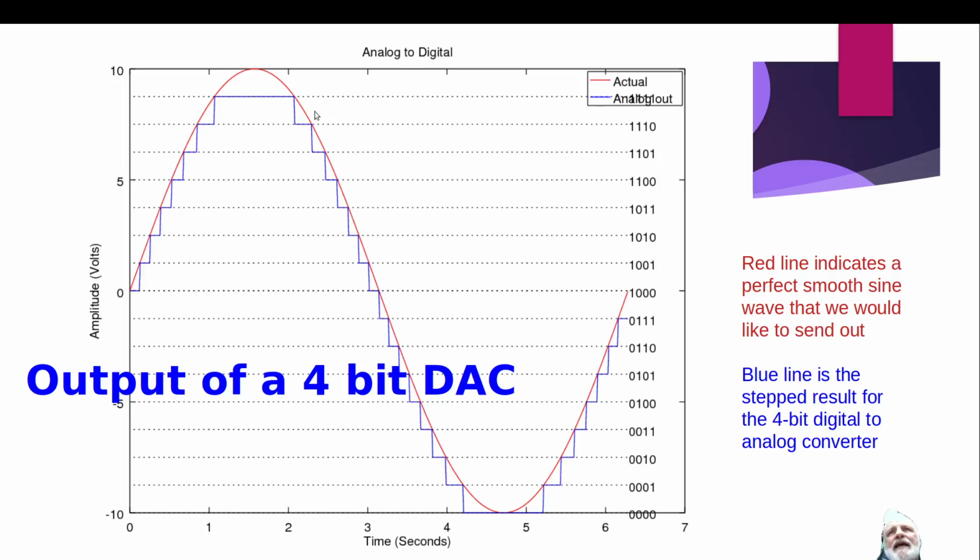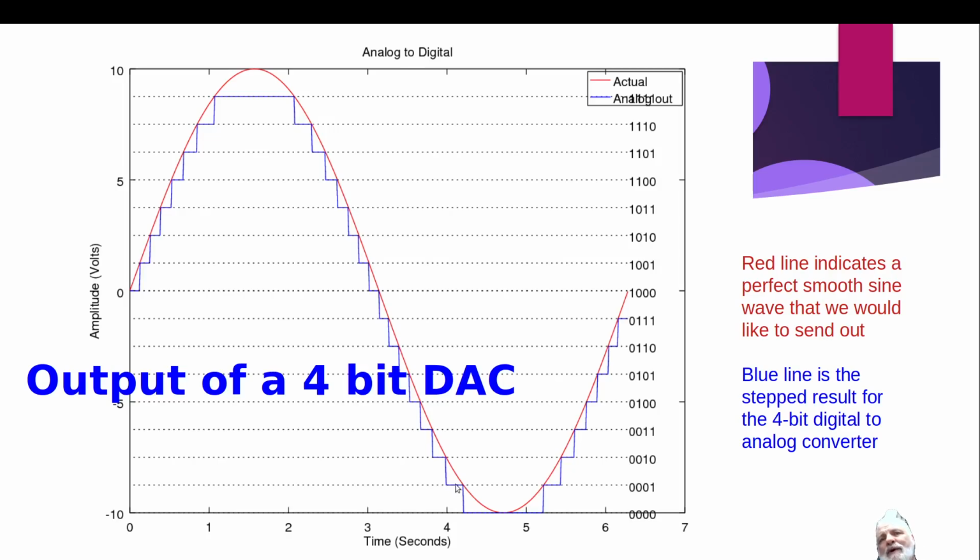All right, so here's an example of trying to generate a sine wave using that 4-bit digital to analog converter. Now, when you do this, the problem is that your controller is running through the program, and when it changes from 0000 to 0001 and steps up these bits, it only does that every so many seconds, depending on the clock cycle of your computer and how long it takes to execute the code.